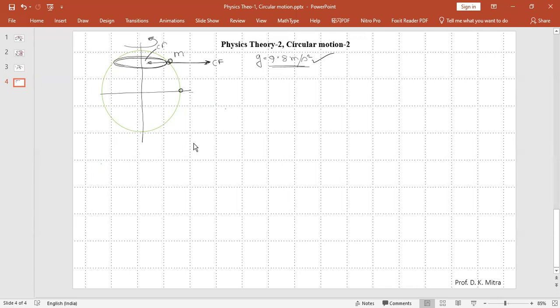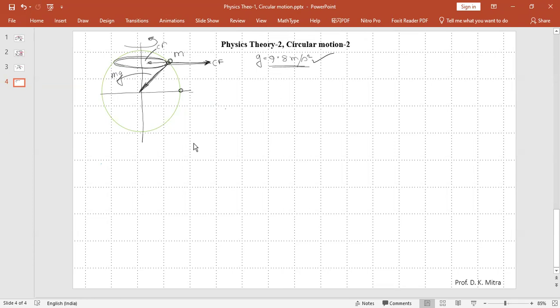And mg, the original mg that we have learned so far, is the measurement of weight towards the center of the earth. This is mg. But now I find I have a force mg on me, plus there is another centrifugal force.